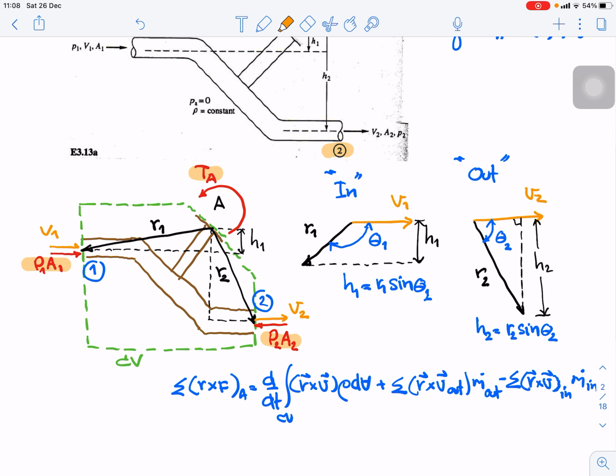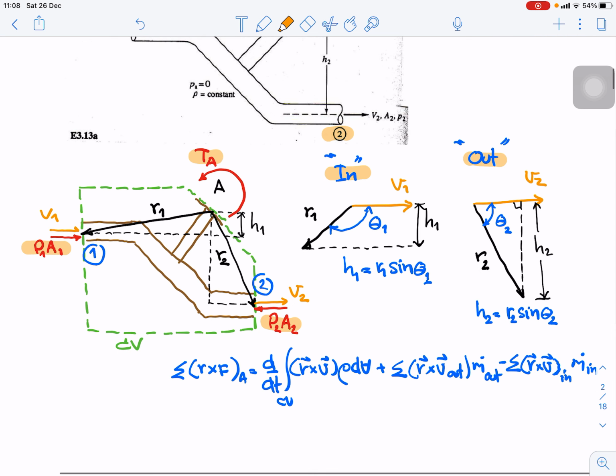If we look at the change of momentum at the inflow and outflow, we see the angle theta1 between R1 and H1, and angle theta2 between R2 and H2. So we can write that H1 is R1 sine theta.